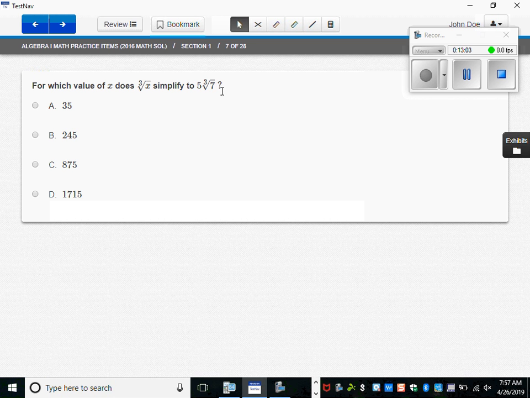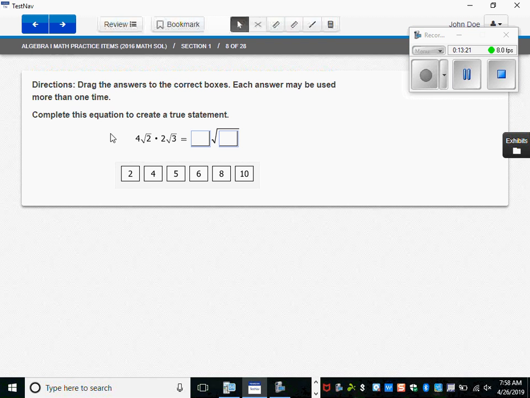Okay, who had that answer? All right, how many people had C? All right, that is the correct answer. And again, you just put in 875 divided by x to the third, go to the table, and the simplest form should be 5, 7. Okay, all right, let's move on.